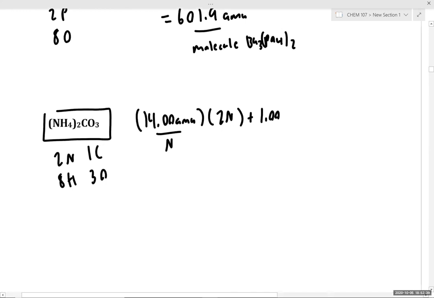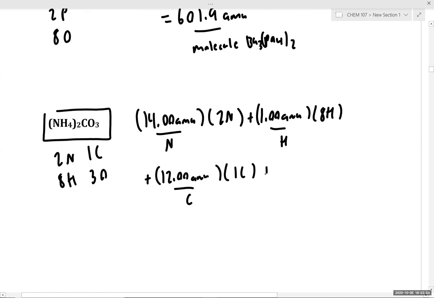So for hydrogen, we have 1.00 AMU per hydrogen atom, and we have 8 hydrogen atoms. For carbon, we have 12.00 AMU per carbon atom, and we have 1 carbon atom. And then for oxygen, we have 16 AMU per oxygen atom, and we have 3 oxygen atoms.